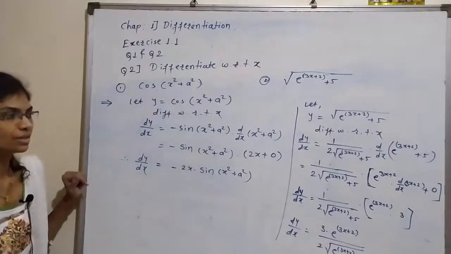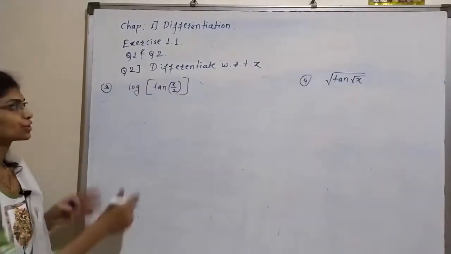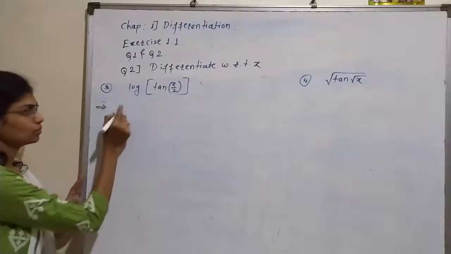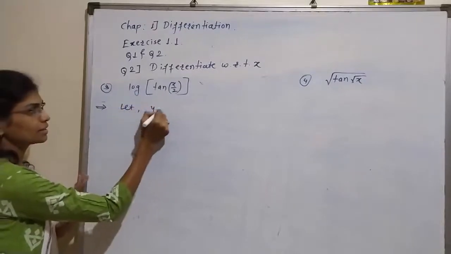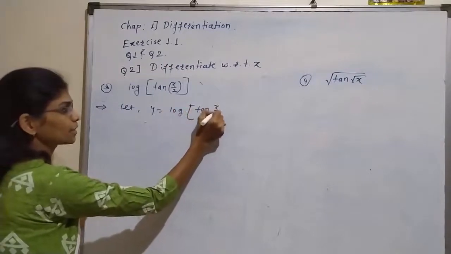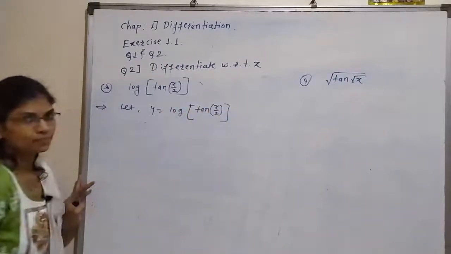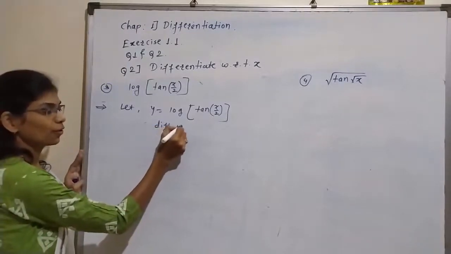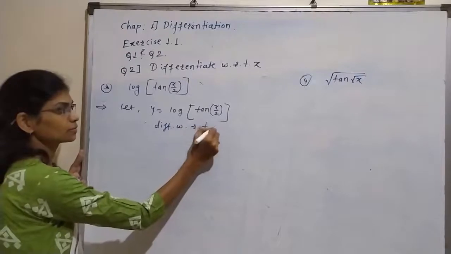So, write it. The third question is log of tan of x by 2. Let y equal log of tan of x by 2. Differentiate it with respect to x.